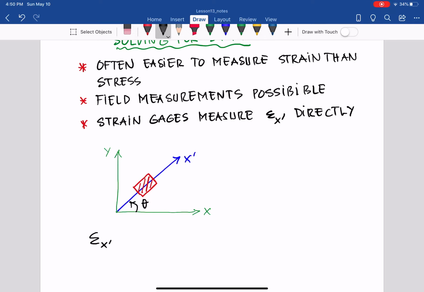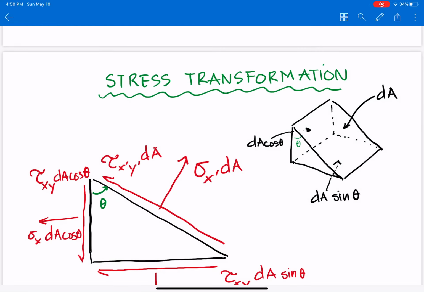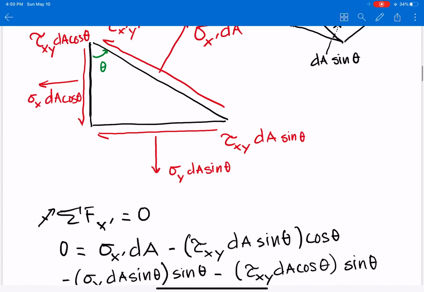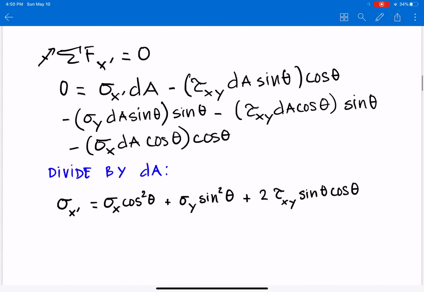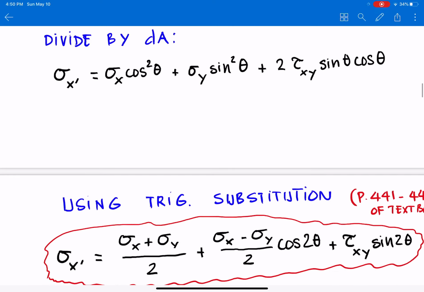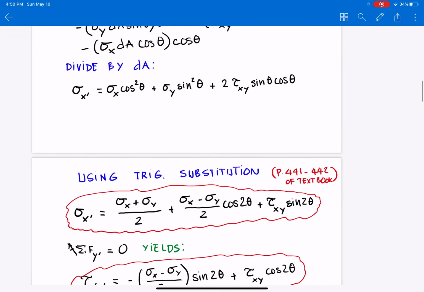If you recall the equation that we learned in the previous lesson on stress transformation, after we draw this and take the sum of all the forces and divide by dA, we have this equation. Everyone sees that, right? Go back to the previous lesson, stress transformation. With the trigonometric substitution, we have sigma x apostrophe equal to that.